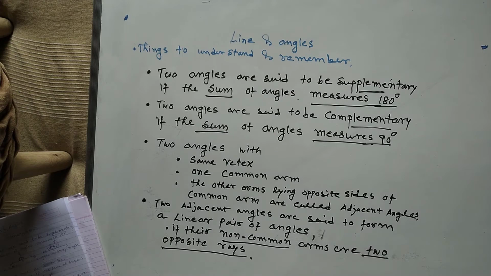So the first point is, two angles are said to be supplementary if the sum of the angles measures 180 degrees. So I am taking another board to prove it. Okay, I mean, to make you understand.